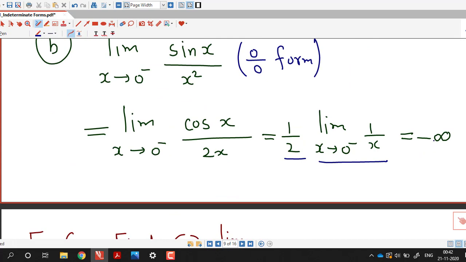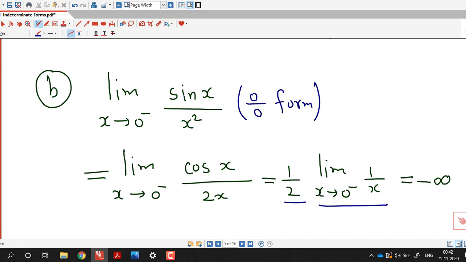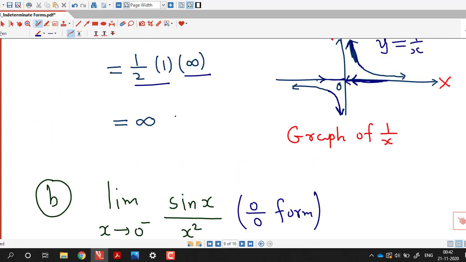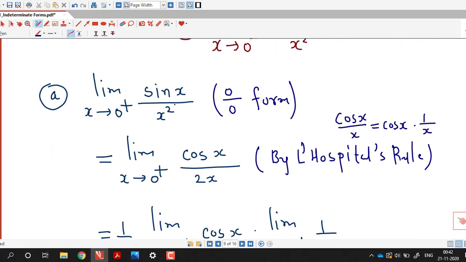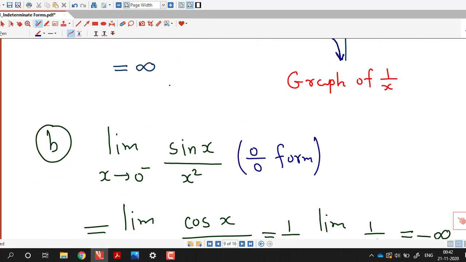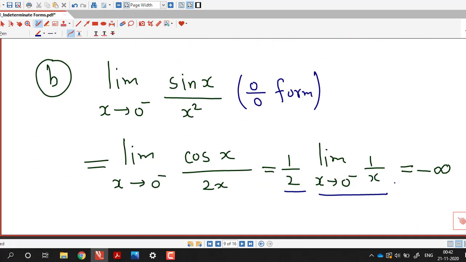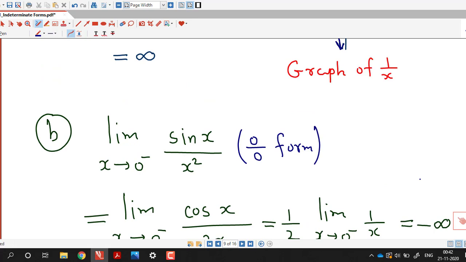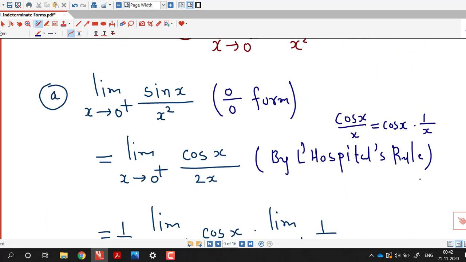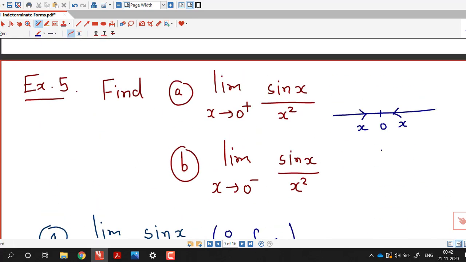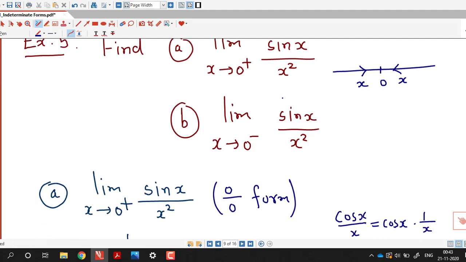So you can see here limit of sin x by x square from right hand side is infinity and from left hand side is minus infinity. So this is the difference between these two one-sided limits. Both the one-sided limits are different, or we can say that right hand limit and left hand limit are not equal for this function sin x by x square.